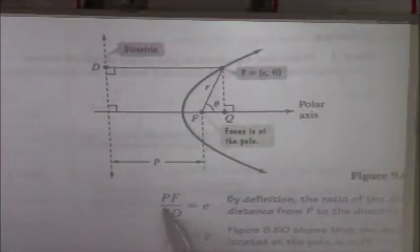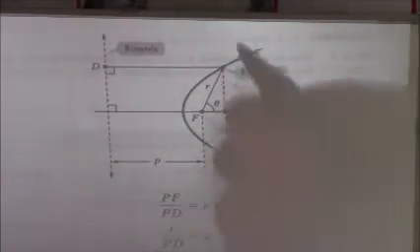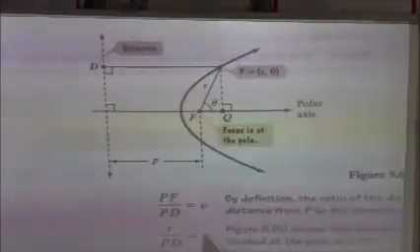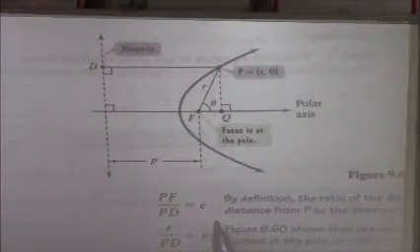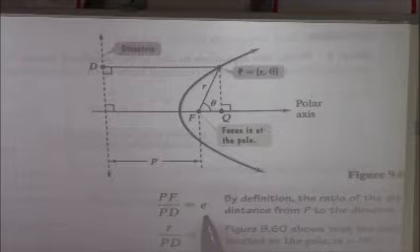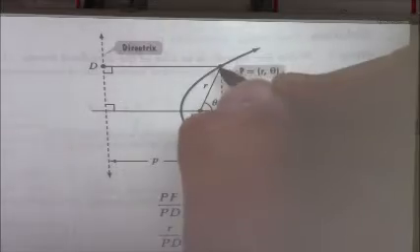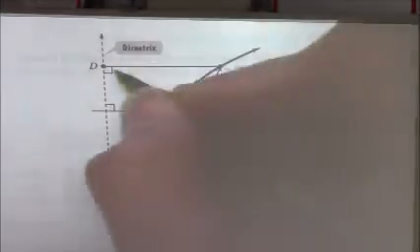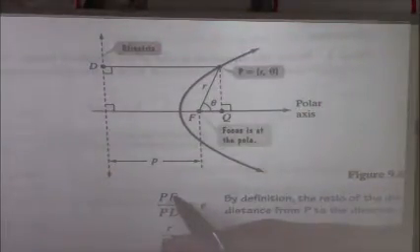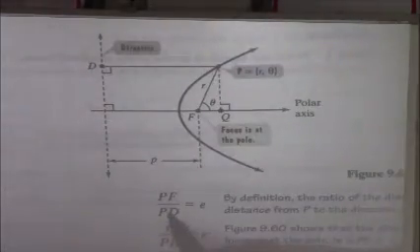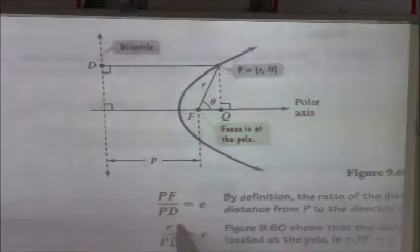So that distance of P to F divided by P to D gives you the eccentricity. So the eccentricity can be a decimal number. And notice in this case, visually it looks like this distance is smaller than this distance. So it looks like PF, or what they call R, the radius here, is smaller than P to D.